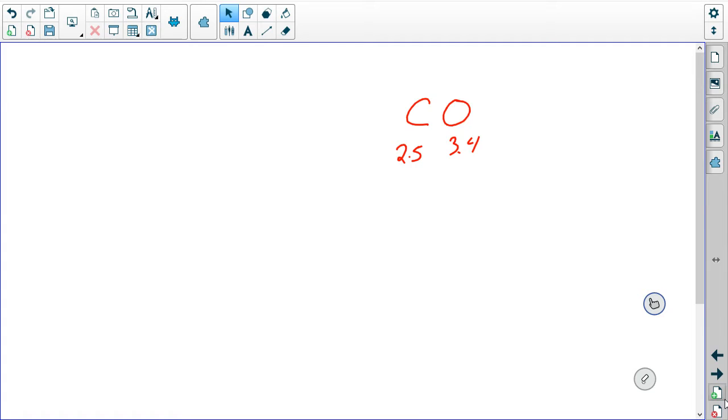And so that guy here would mean he's got 2 extra electrons. He hasn't ripped them off, but he has pulled them away from the carbon a little bit.